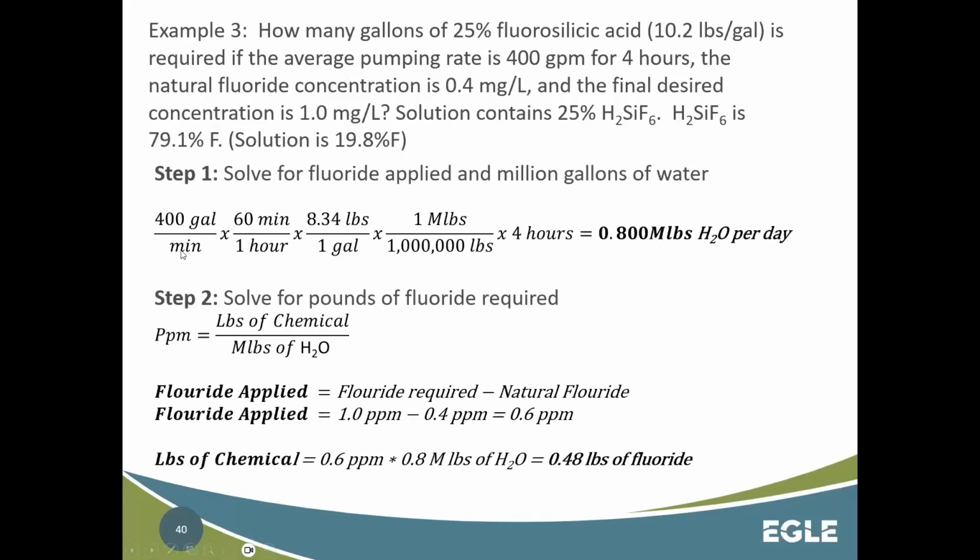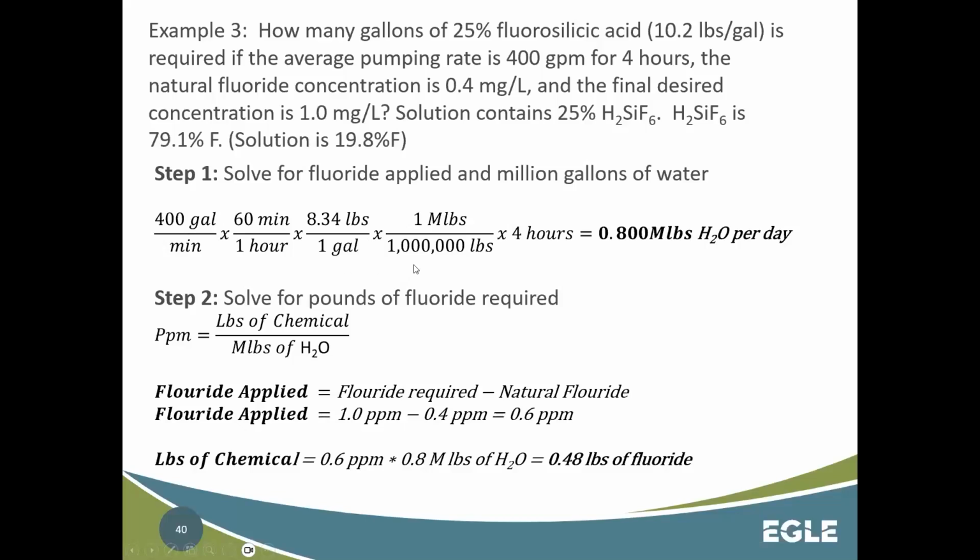So if we're pumping 400 gallons per minute, we need to convert that to the volume that was produced per day. So we're going to multiply the 400 gallons per minute by 60 minutes per hour. The minutes will cancel. So now we have a value that's 400 gallons per hour. We multiply that by the 8.34 conversion factor.